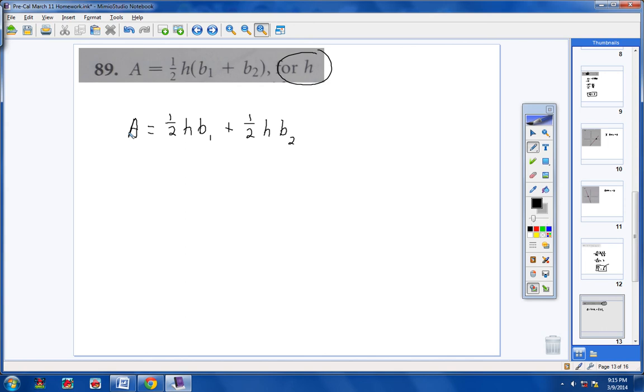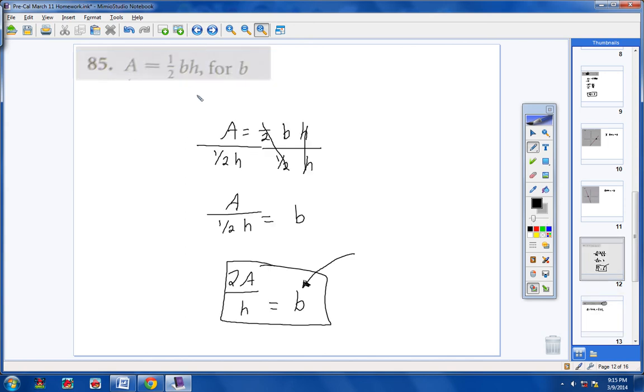Now before we do that, I'm seeing some fractions here like in the last problem, and it might be a lot easier, to be honest with you. When we had a equals 1/2 bh, it might have been better to multiply the entire equation by 2, because 2 times a is 2a, and then 2 times 1/2 is just 1bh, and then we could have divided by 1h and been done with it.